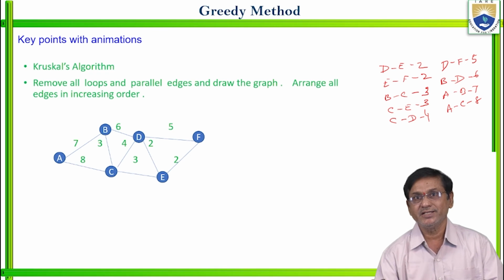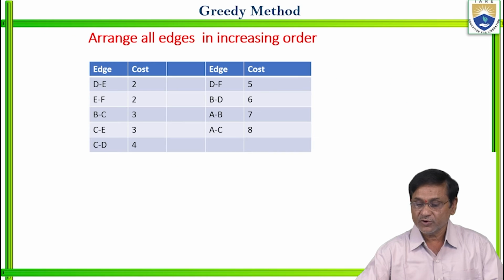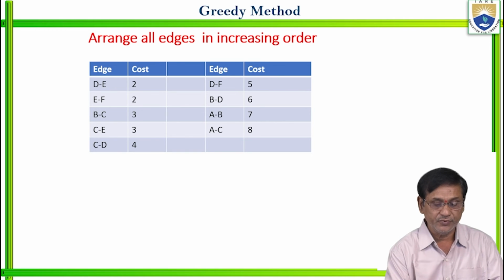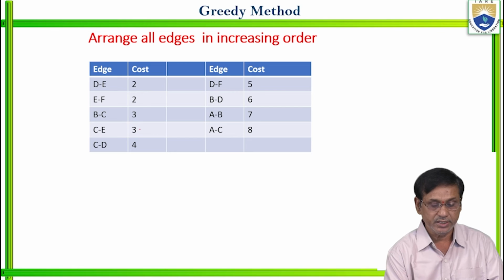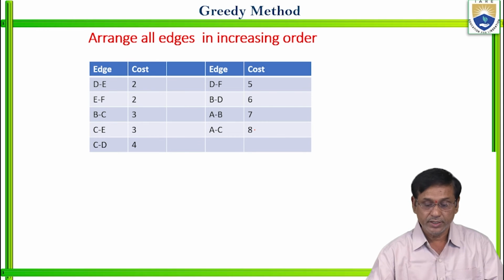After listing out the edges, we have to follow the procedure for constructing the minimum spanning tree. So, DE is 2, EF is 2, BC is 3, CE is 3, CD is 4, DF is 5, BD is 6, AB is 7, AC is equal to 8.